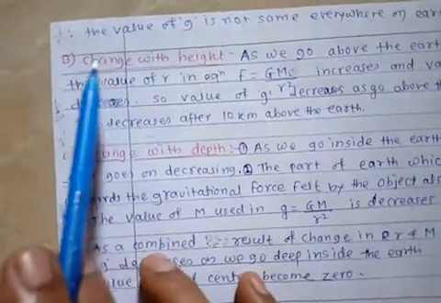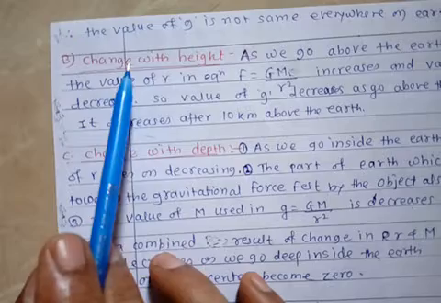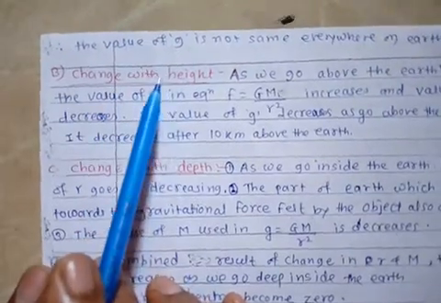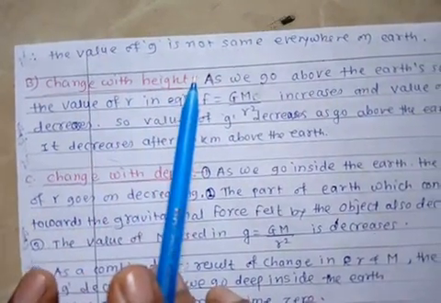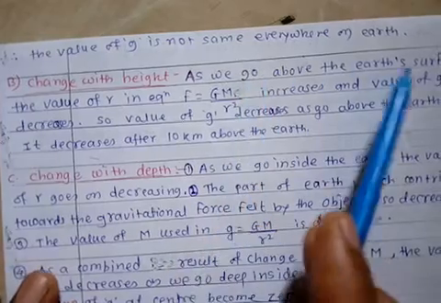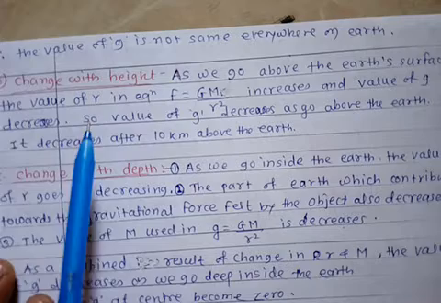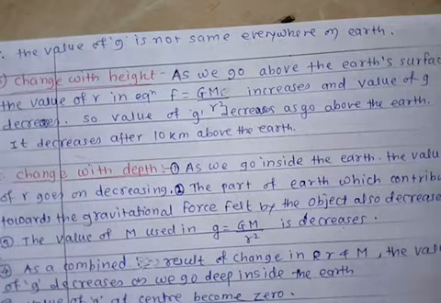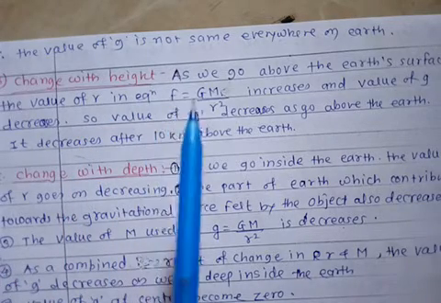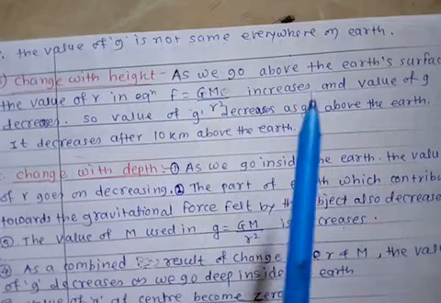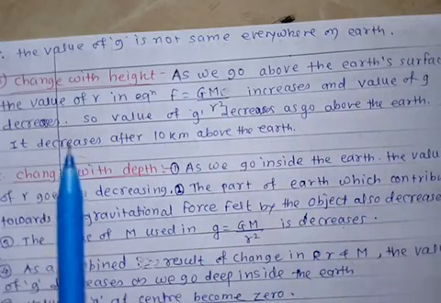If we go to a height above the earth, g changes with height. As we go above the earth's surface, the value of R increases. The value of R in the equation F equals GM by R square increases, and the value of g decreases.